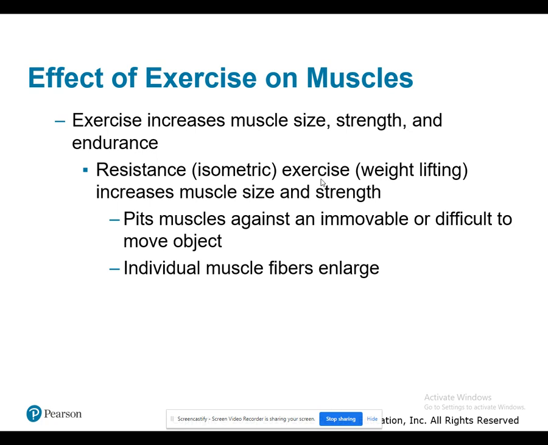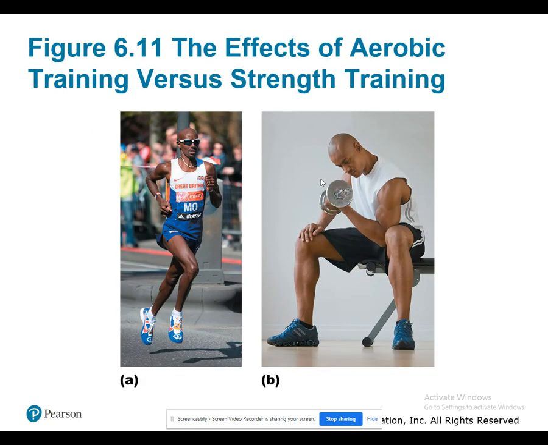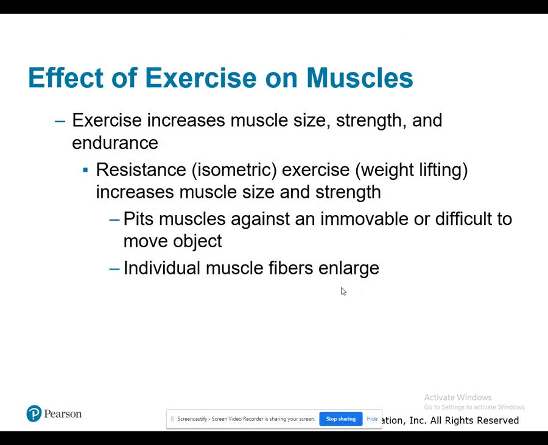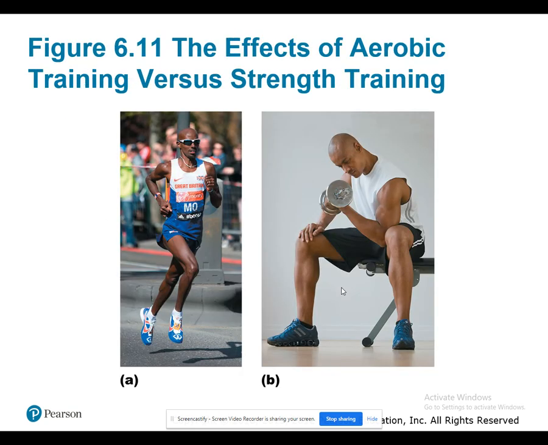Whereas if you're just a runner, you don't see as big of an increase. So these are the two differences between the exercises. Again, A is going to be your endurance exercise, whereas B is going to be your resistance exercise.